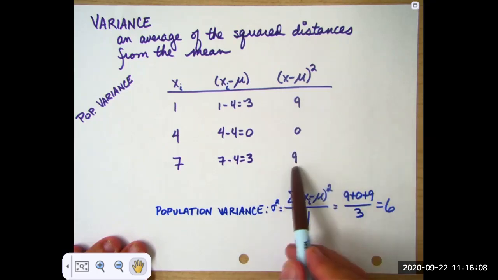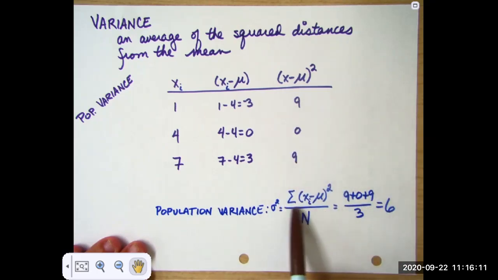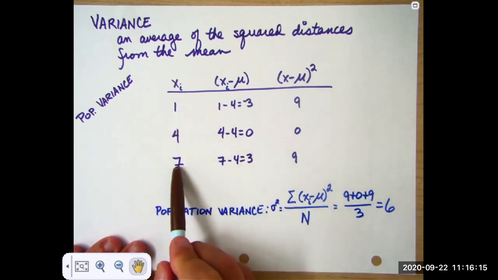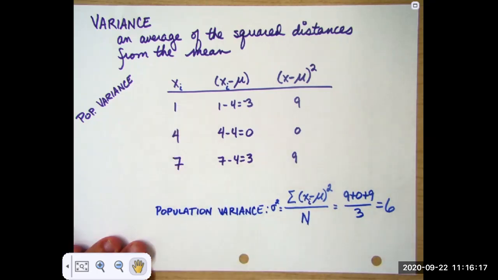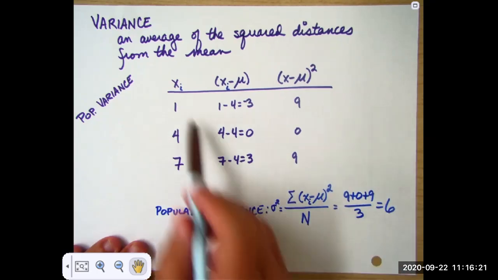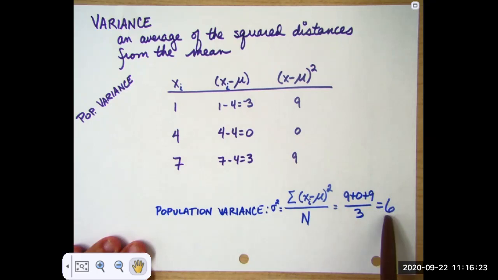If I add those up, I get 18. And I divide by the population size. There are 3 data points in my population. So my variance for this data set is 6.